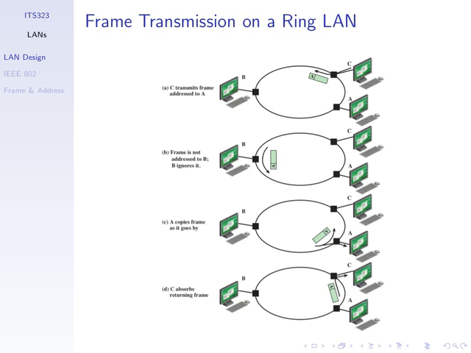We could say that there are 2 network interface cards per station because we have 2 cables coming into each station. In practice, it would be implemented as 1 card, but as a special card with 2 sockets. This station has 1 link coming into it and another link. It needs 2 sockets to plug those cables in. 2 network interface cards per station, 1 link per station in the network.